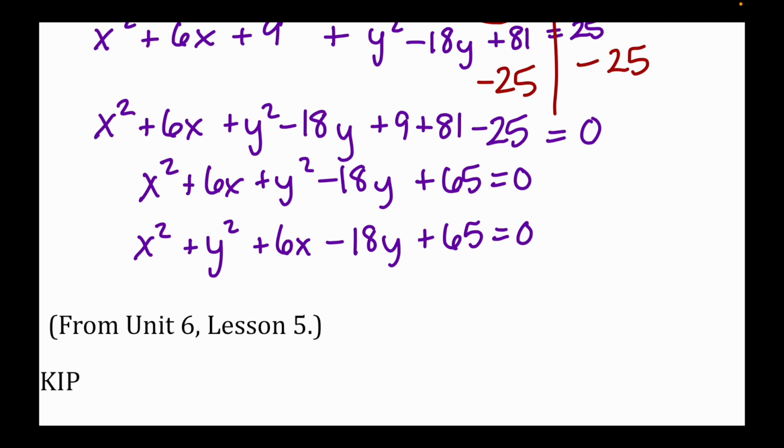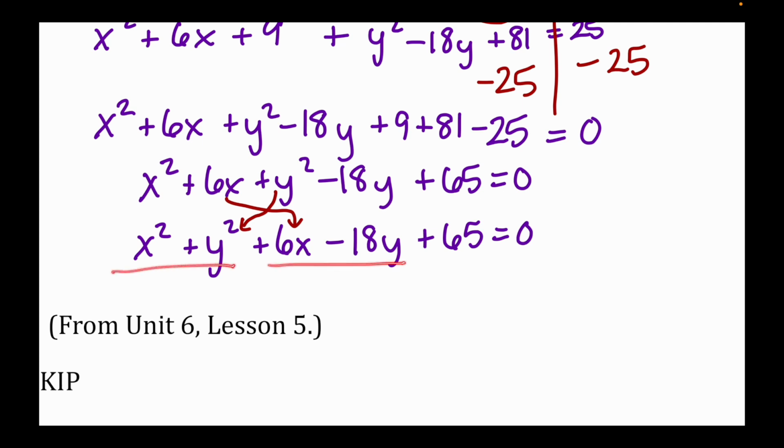In math, it is good etiquette. I'm just showing that I'm reorganizing, that I'm swapping these two around, because it's good etiquette to write things with your highest exponent values first, and then to write the rest of everything in alphabetical order.